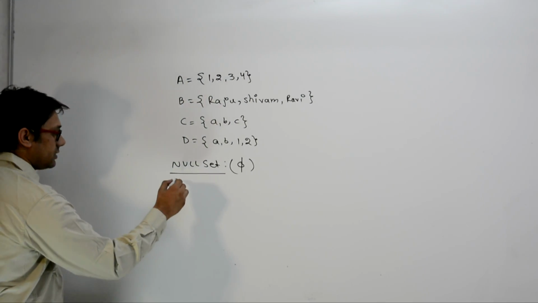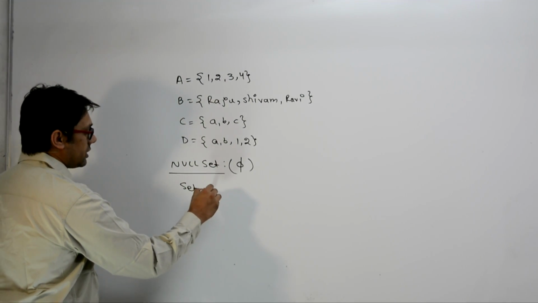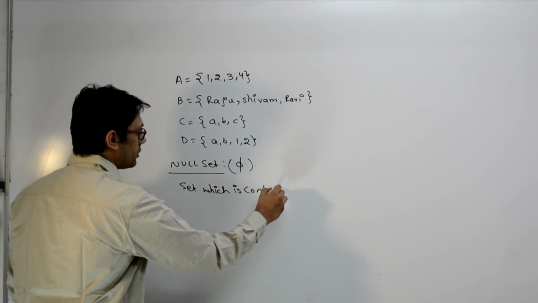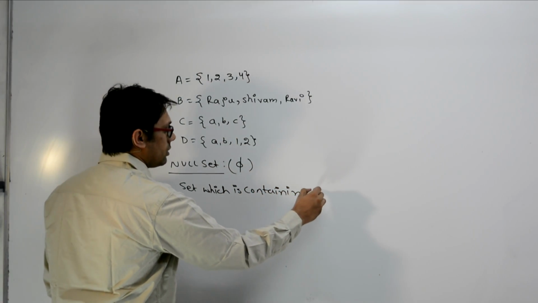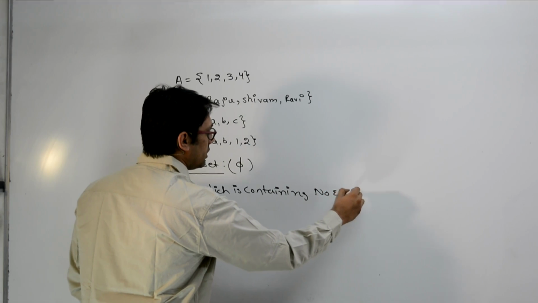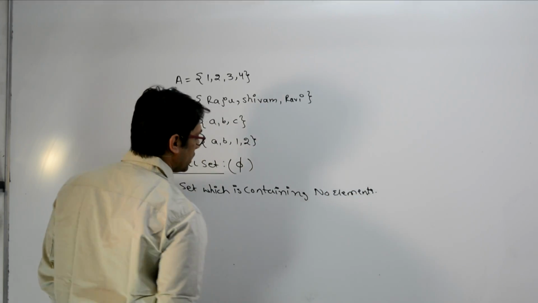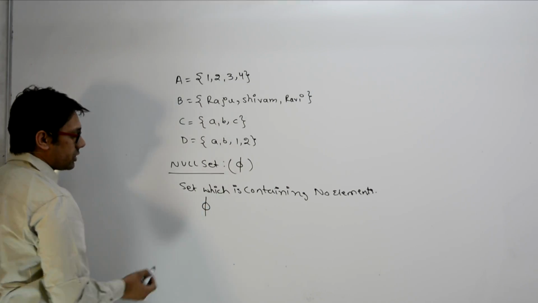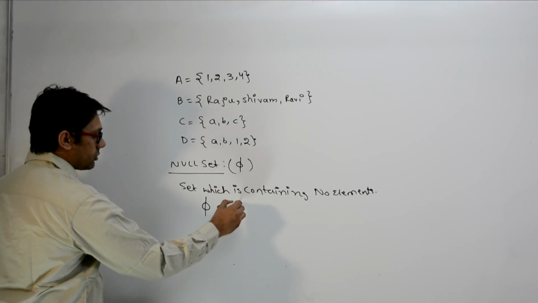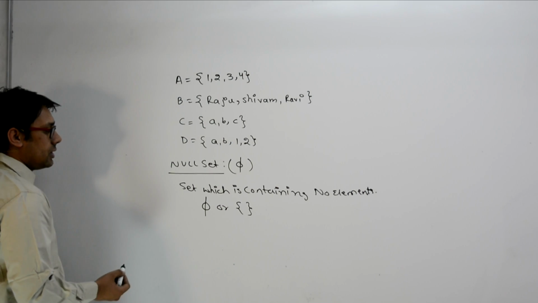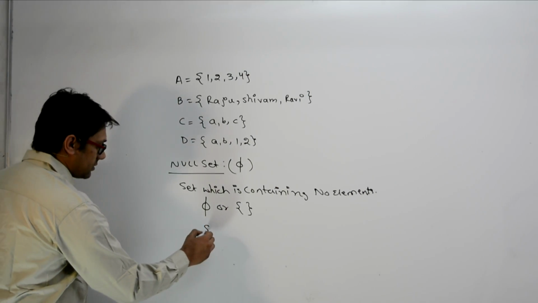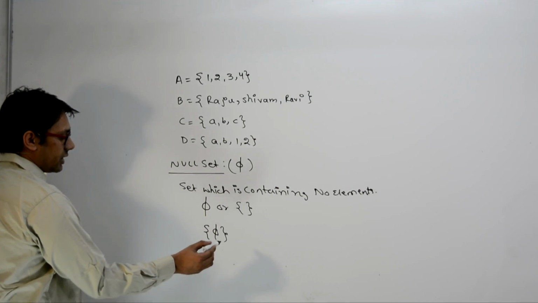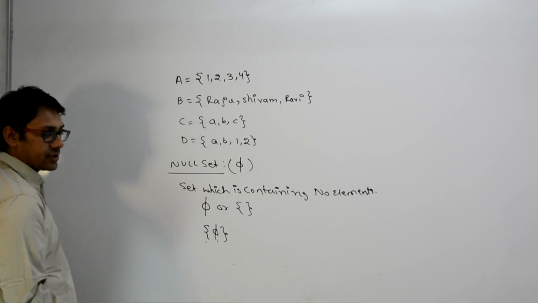If I denote a null set like this, or we also denote a null set like this. But if we denote it like this, then what does it mean? It means it is a set which contains one more set, and that set is a null set.